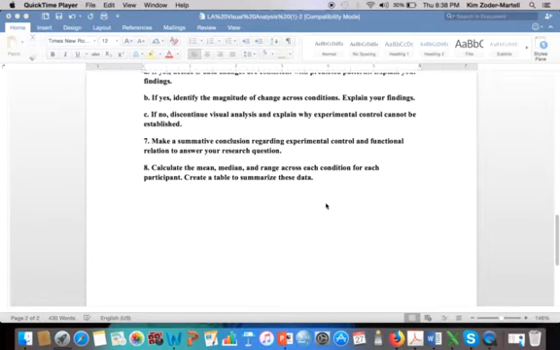You're going to look at what data you have left, what you can analyze, and you're going to then make a summative conclusion regarding the experimental control and functional relationship to answer your research questions.